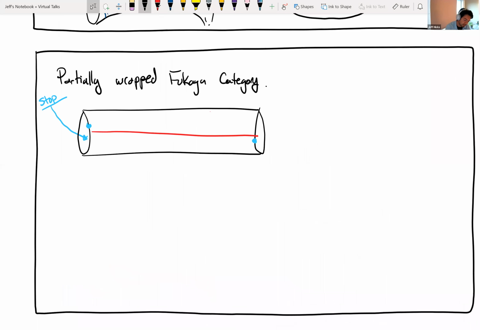So I need to tell you a little bit about what these partially wrapped Fukaya categories are.